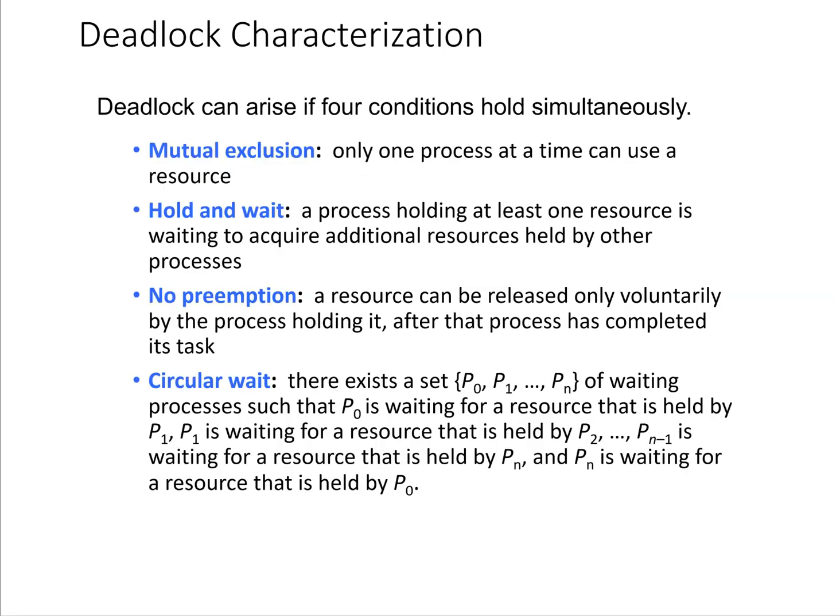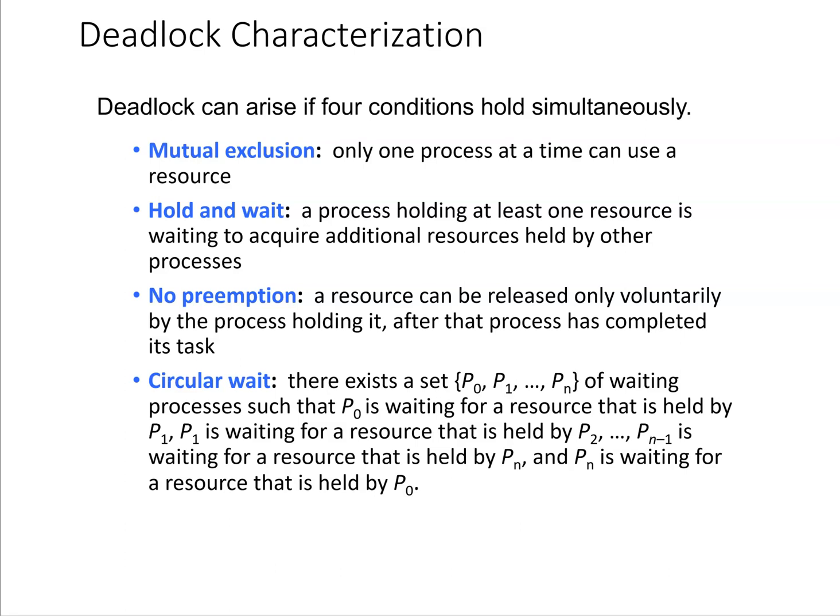Deadlock can arise if 4 conditions hold simultaneously. Mutual exclusion: only one process at a time can use a resource. Hold and wait: a process holding at least one resource is waiting to acquire an additional resource held by other processes. No preemption: a resource can only be released voluntarily after it has completed its task.